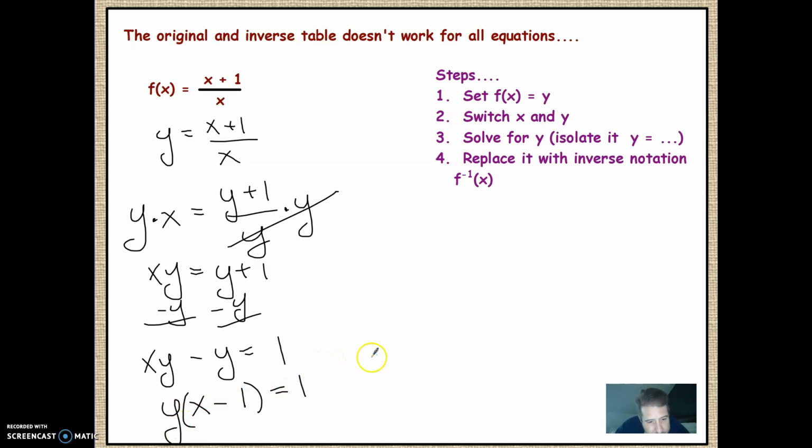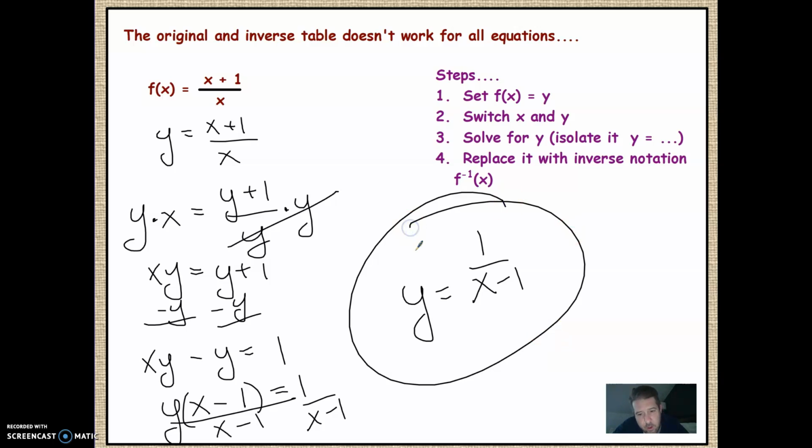And the last thing I'm going to do is divide both sides by x minus 1. And I got y equals 1 over x minus 1. And there you go. You have the inverse of the original. So this is f inverse of x equals 1 over x minus 1. The inverse of this original function.